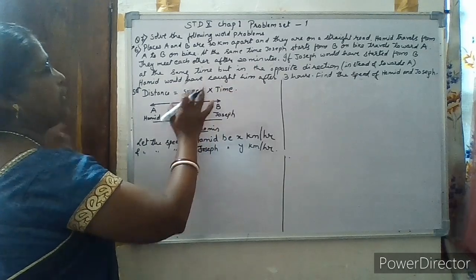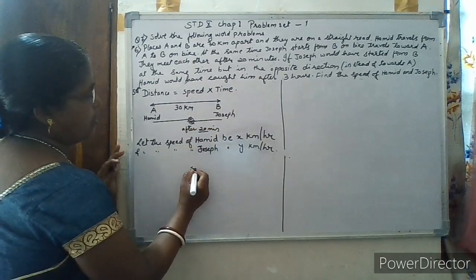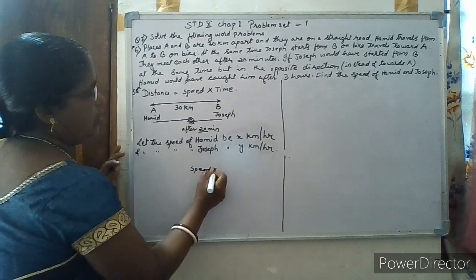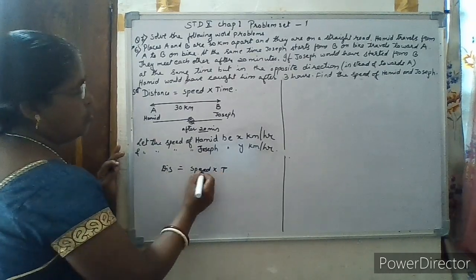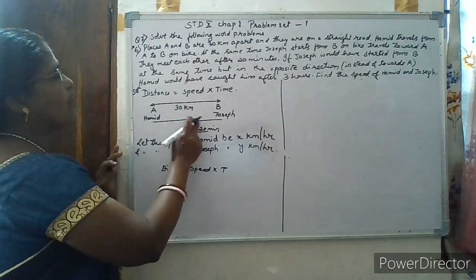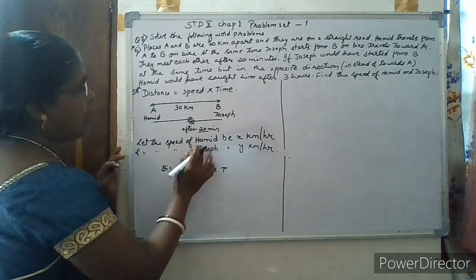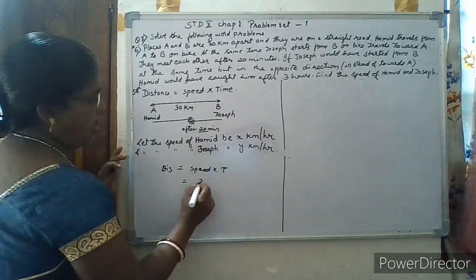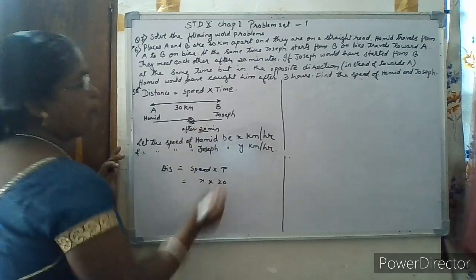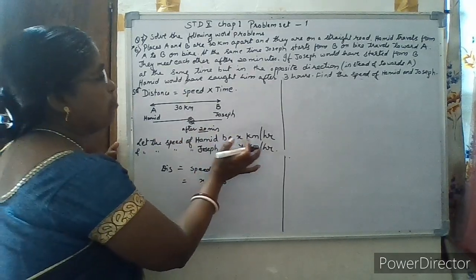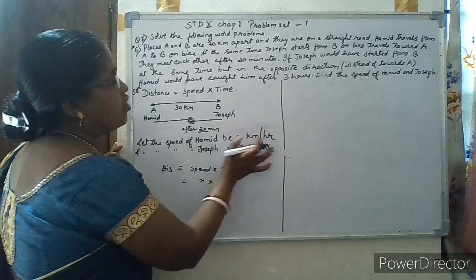So, speed into time is equal to distance. The distance traveled by Hamid will be his speed x into time. Time is 20 minutes, but the speed is x kilometers per hour.